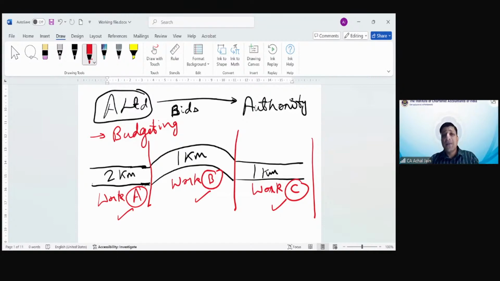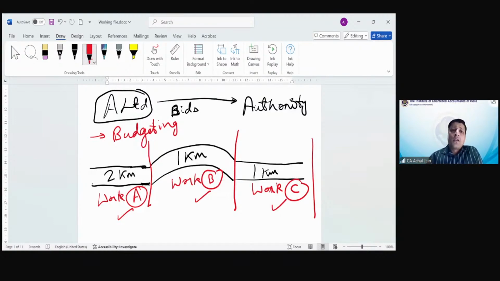And eventually, the authority awarded all of these works to A Limited. Now, for administrative convenience, the authority has executed 3 contracts with A Limited.